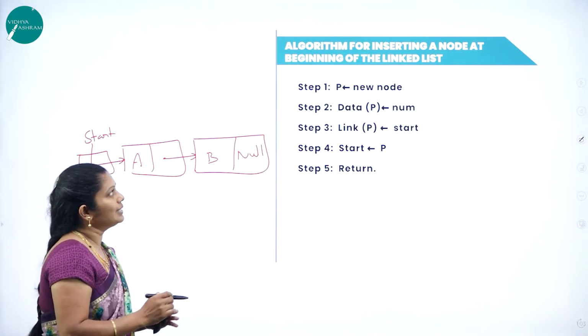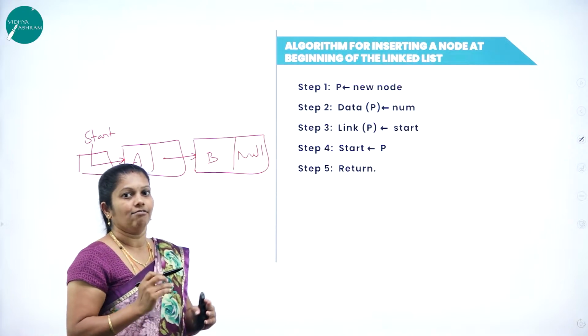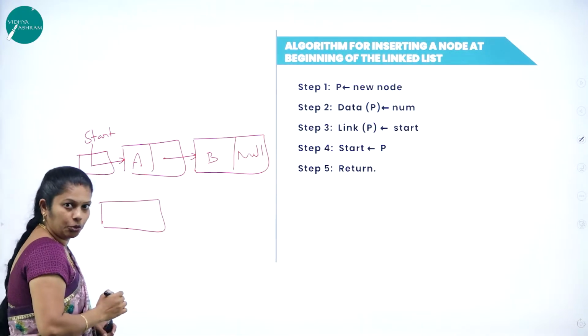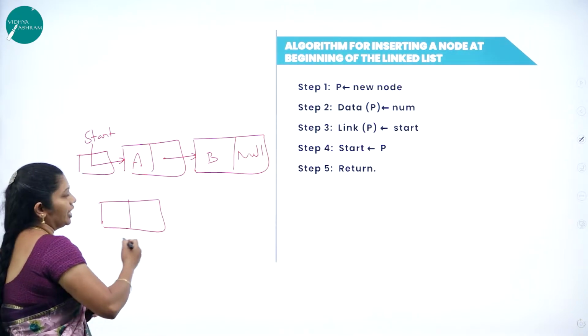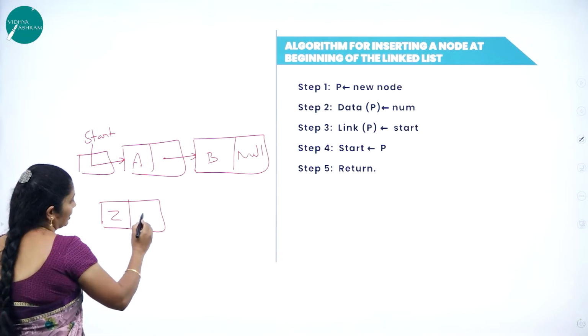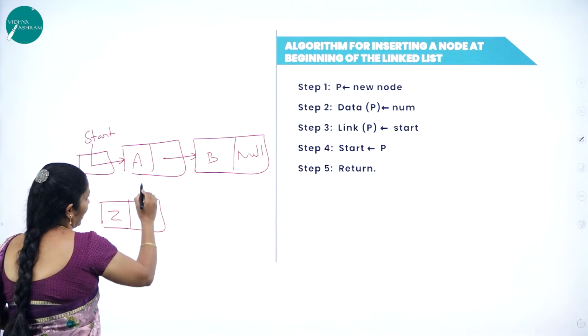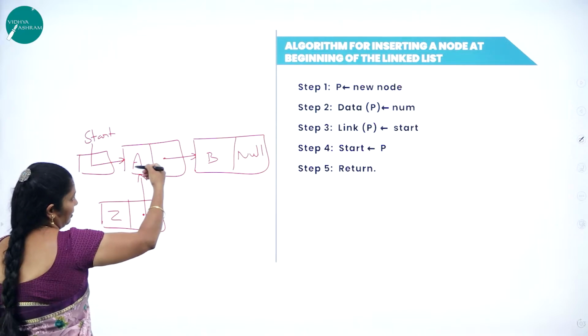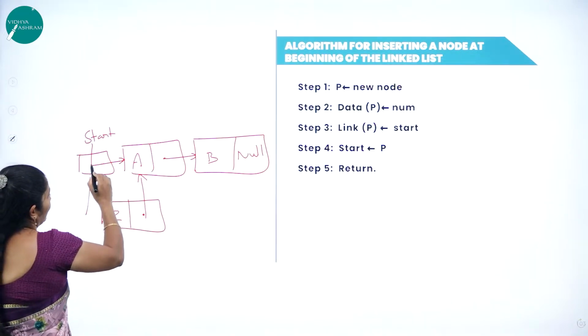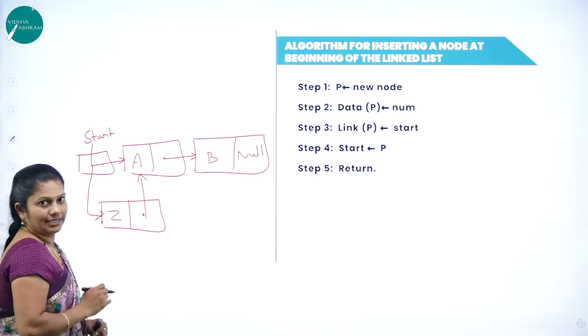If I want to insert an element at the beginning, first what I have to do? First I have to create one node by using the new operator. Then you have to insert the value, whichever value you want. Then for the address part, you have to write the previous node's address, that is the first node address. Whatever address is in the start, we have to connect here.